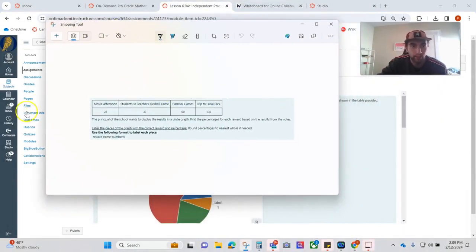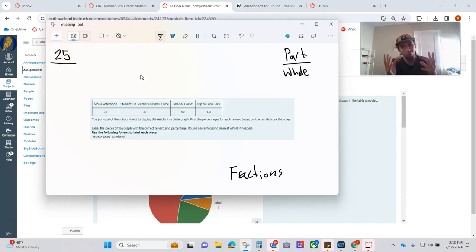To find a percent, let's try to make some fractions. We can make fractions using a part to whole relationship. What part of the students wanted to watch a movie? Well, 25 of the students wanted to watch a movie. Now, what's the whole?